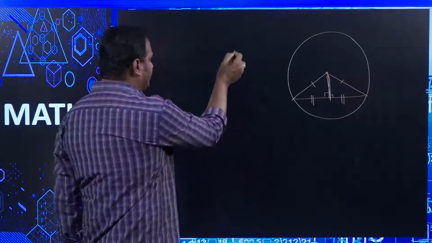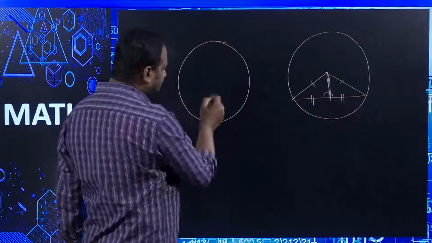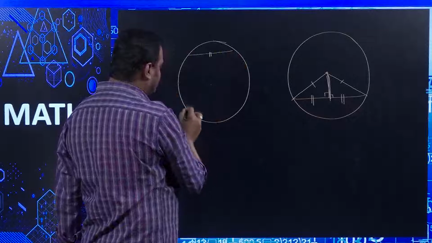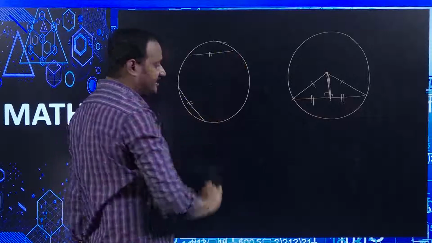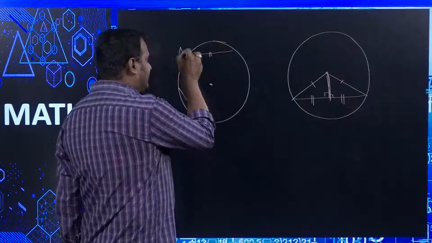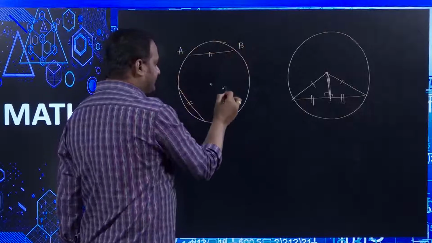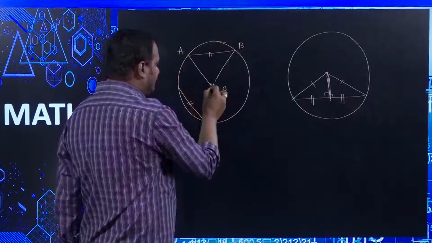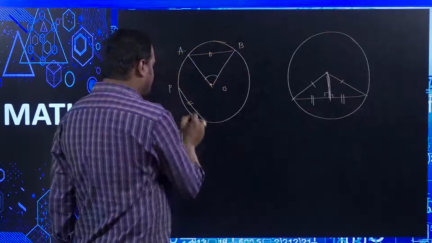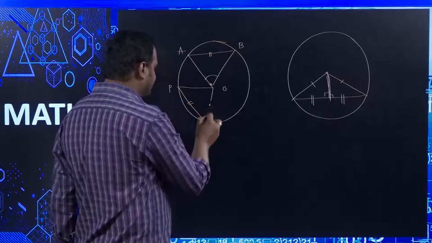And one more very important property of a chord. For example, there are two equal chords. So, this chord is equal to this chord. These two chords are equal chords. Now, this chord, let it be AB, is making an angle at the center. This is the angle made by the chord at the center. And this chord, for example PQ, is also making an angle at the center.